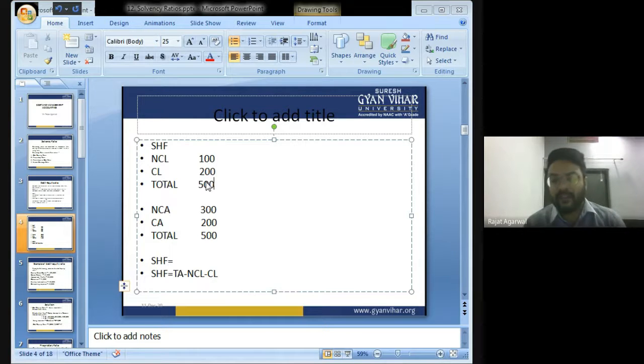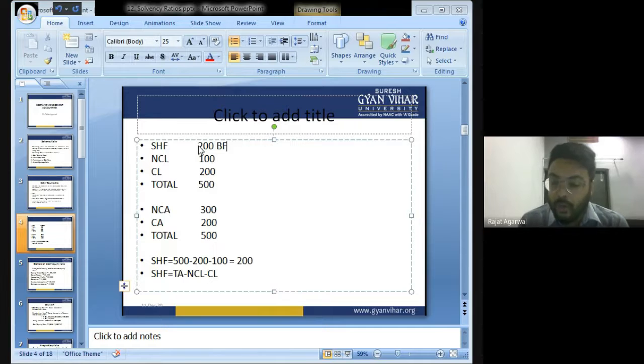If total liability is 500, out of the 500, 200 is current liability and 100 is non-current liability. Then how much will be shareholder fund? 500 minus 200 minus 100, that is 200. So shareholder fund will be 200, that is balancing figure.